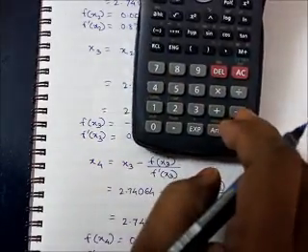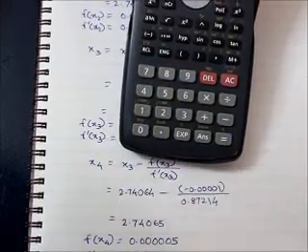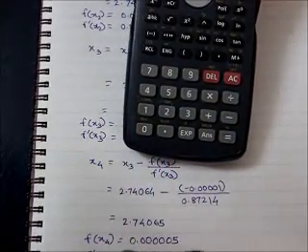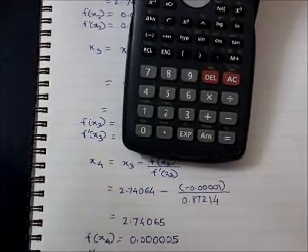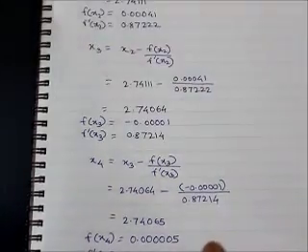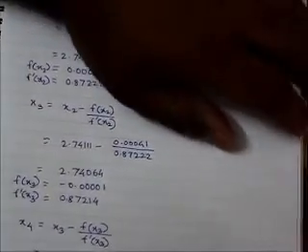2.74065 plus 0.43429, which is 0.87214 again. Okay, let's go to the next page.